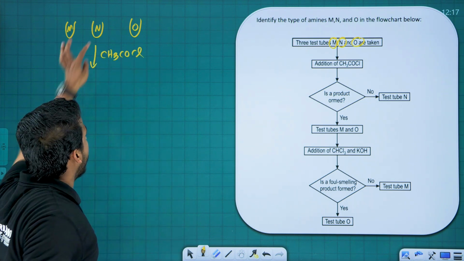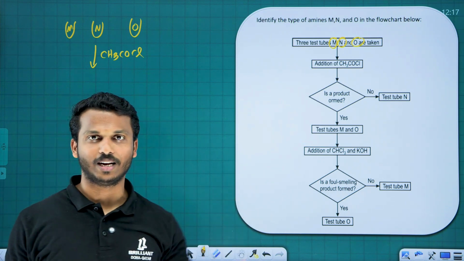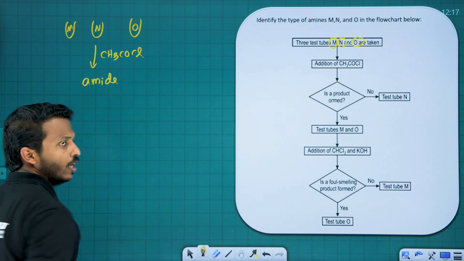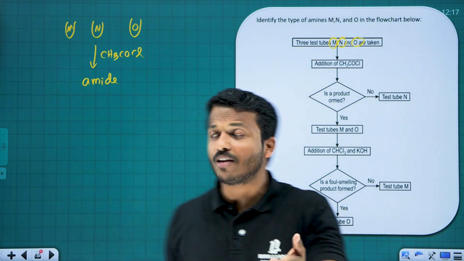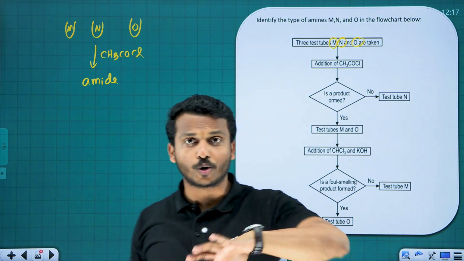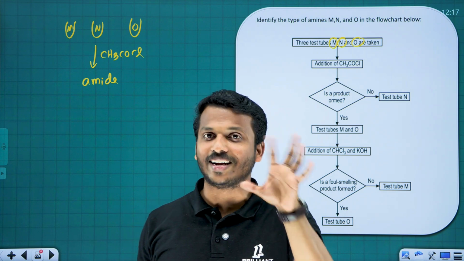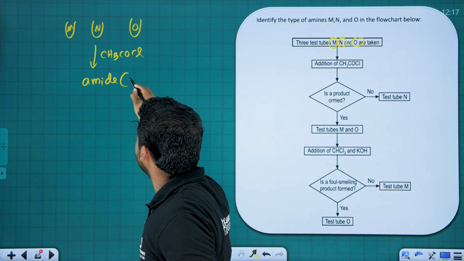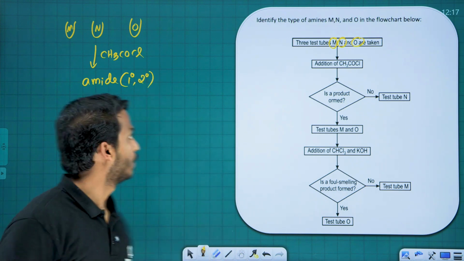You know, when amines react with acetyl chloride, what do you get? Amide, right? If an amine is reacting with acetyl chloride, it should be primary or secondary, because a tertiary amine does not contain hydrogen and does not react. So if it's giving amide, then it must be a primary or secondary amine.